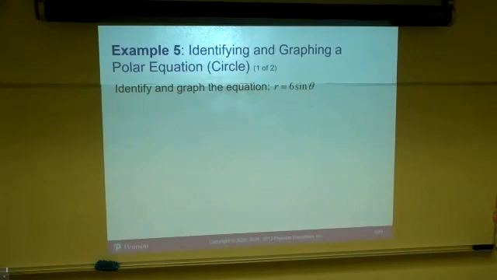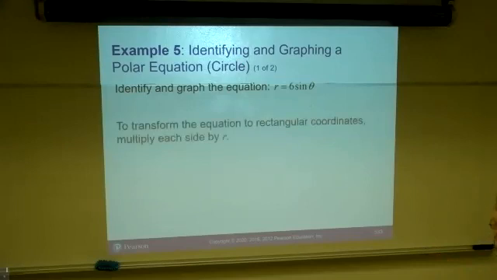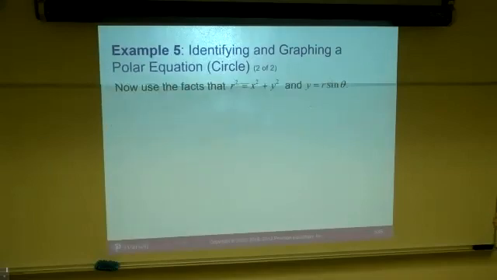Now we want to graph this. Right, hint, hint, they say it's a circle. All right, so they're going to multiply both sides by r and get r squared equals 6r sine theta, so x squared plus y squared equals 6y.